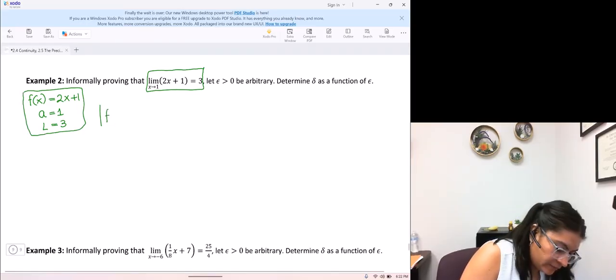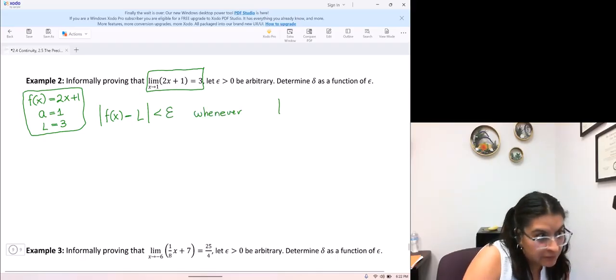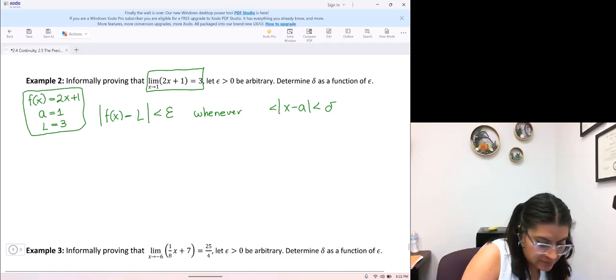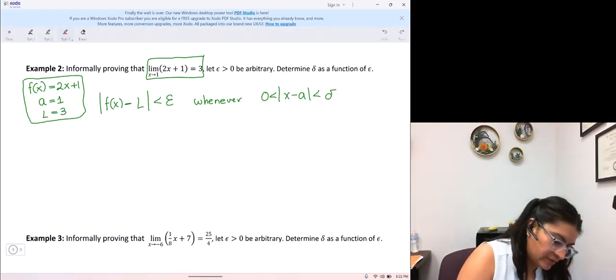The absolute value of f of x minus the limit is less than epsilon whenever the absolute value of x minus a is less than delta and x is not equal to a. So this 0 less than means that x is not equal to a, so you can ignore that portion.